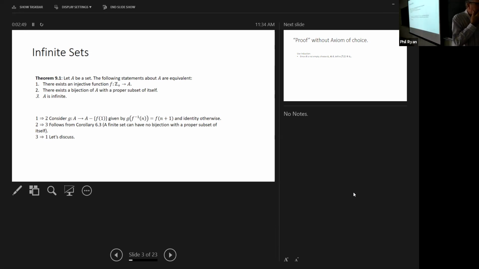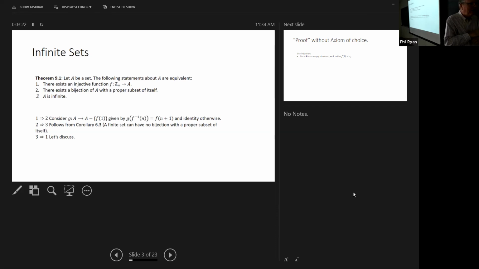In this case, because we're dealing with the map that sends an integer to its successor, we can get a bijection from our set A to A with a singleton removed, which is the first element given by f, that is, f of 1.